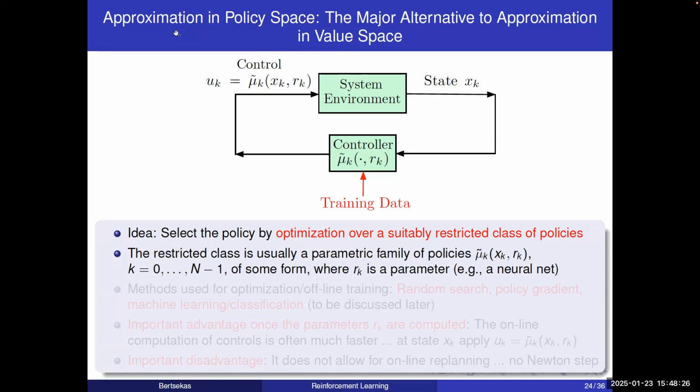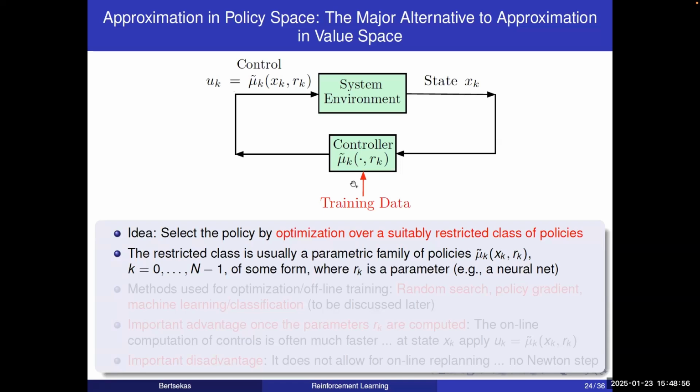So the alternative to approximation in value space is approximation in policy space, whereby we directly approximate a given policy. What does that mean? It means we select the policy by optimization over a suitably restricted class of policies. Given an optimal control problem, we don't really know what the optimal policy looks like, right?